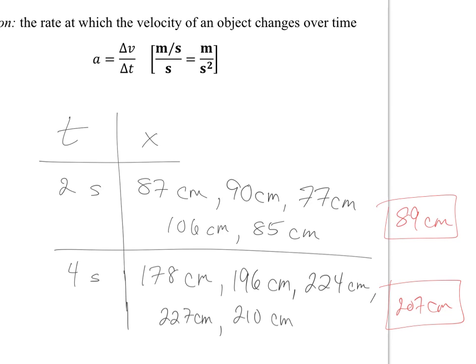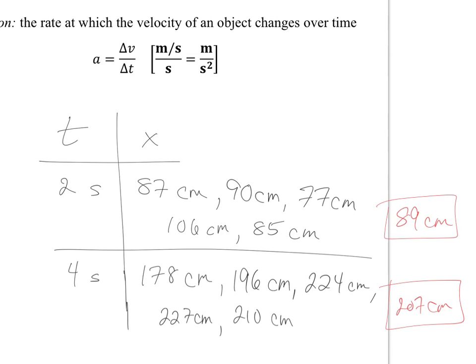What's the average velocity in the first 2 seconds? You just divide this number by 2. So the average velocity is going to be 44.5 centimeters per second. That's how we can find the average velocity, right? Displacement over time. In the second 2 seconds, you would take this minus this, get your gap there.